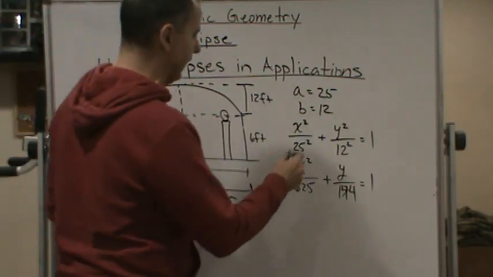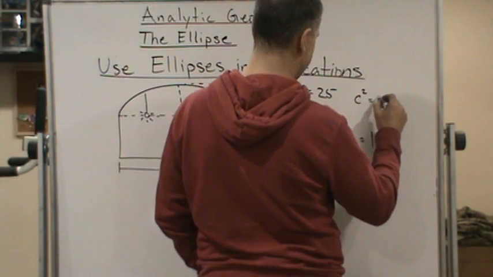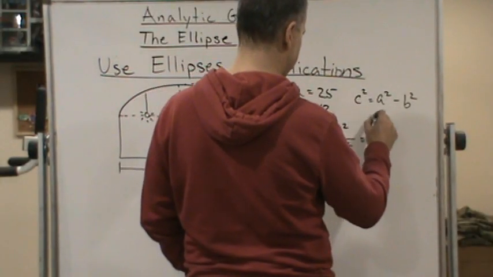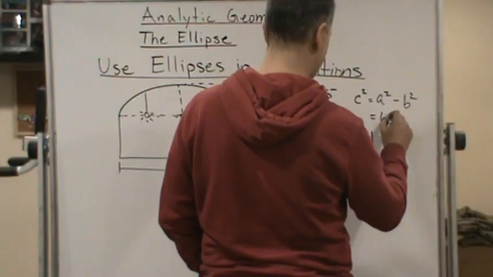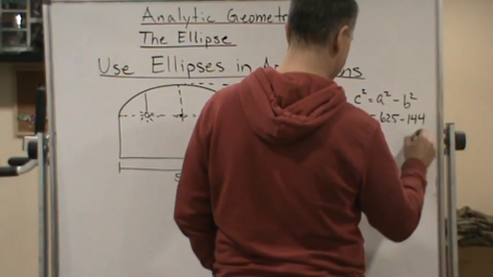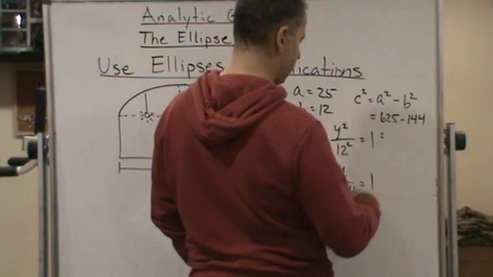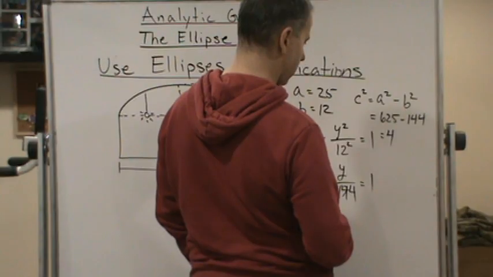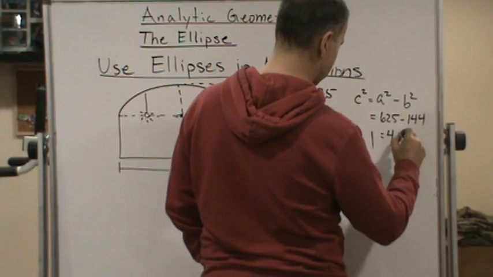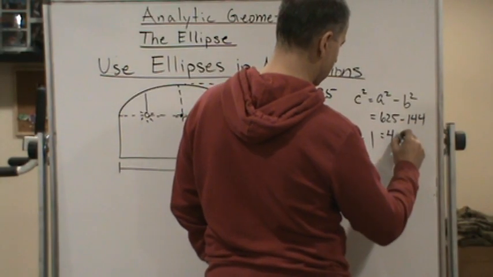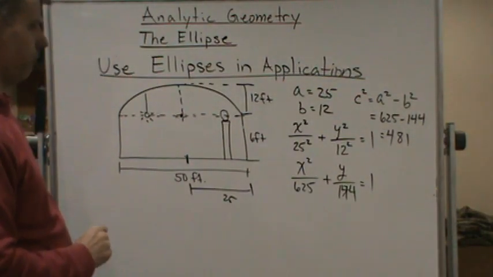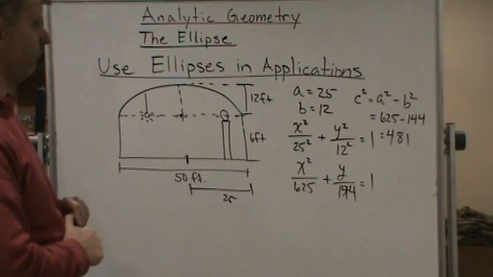Well, we know the A and B, so let's just use our C squared equals A squared minus B squared. And so we know that this is going to be equal to 625 minus 144, which is going to be equal to 481.